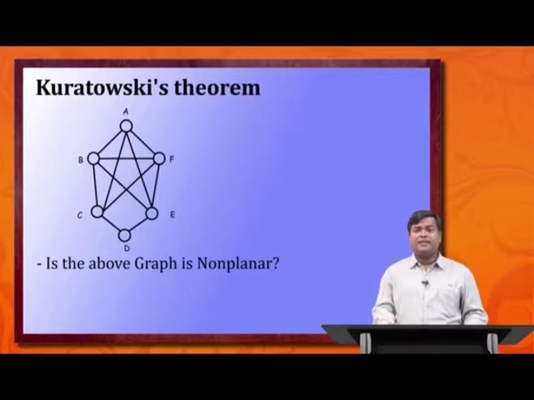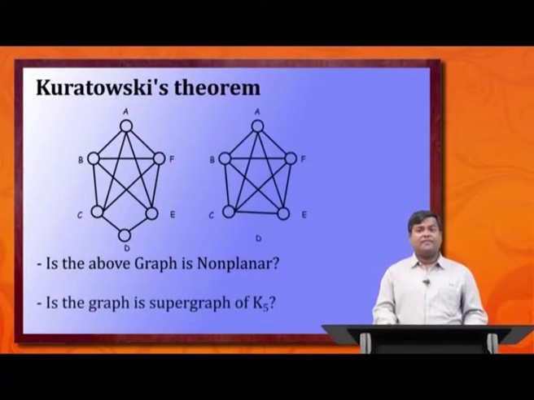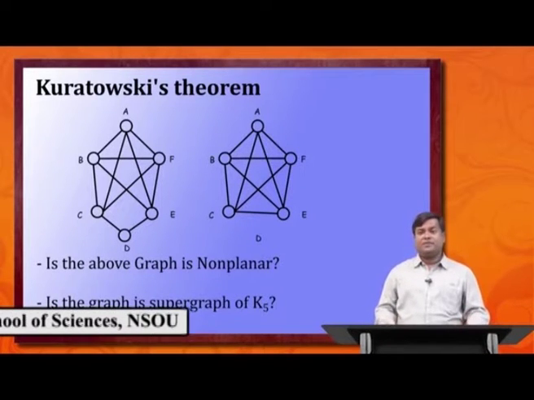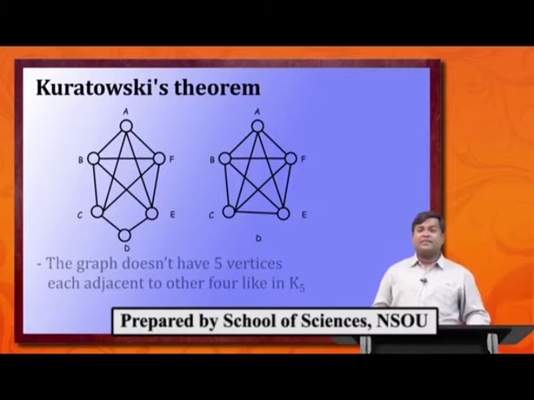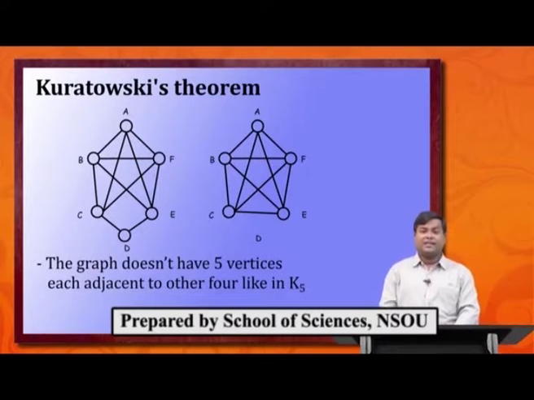Now the idea is we need to check whether it is a supergraph of K5 or not. So, is the graph a supergraph of K5? See the K5, I have also drawn that K5 graph by the side of the original graph, and we are seeing that the graph does not have 5 vertices each adjacent to the other 4 like in K5.